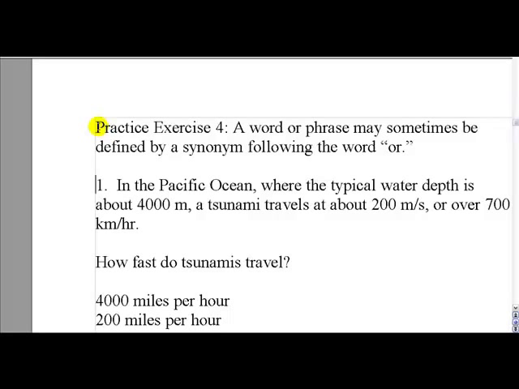In the Pacific Ocean, where the typical water depth is about 4,000 meters, a tsunami travels at about 200 meters per second or over 700 kilometers an hour. So or is important because if you're not sure what 200 meters per second means, you can also say or 700 kilometers an hour is basically the same thing.